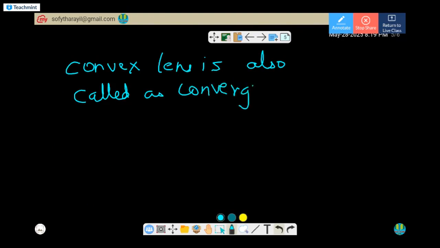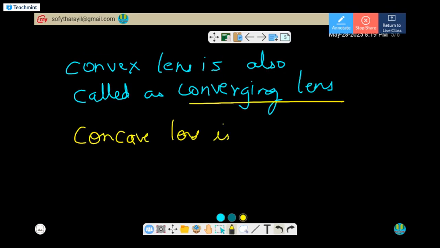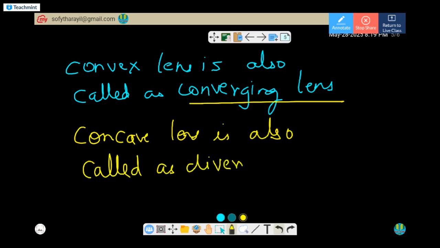To converge is to make the light meet somewhere, instead of spreading out, they will all come close and try to meet at a point. So convex lens is also called a converging lens. And concave lens is also called a diverging lens.